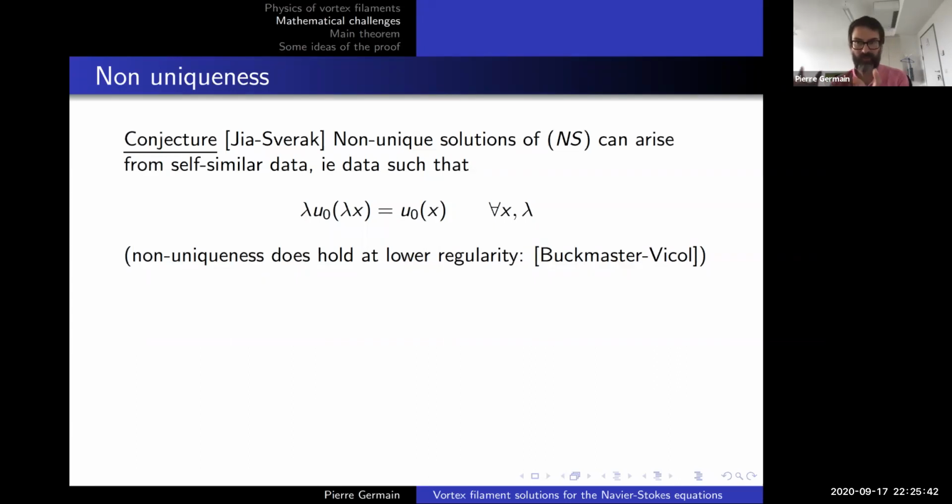And one way of making this rigorous, say, is through this conjecture of Jia and Šverák, that if you take self-similar data, so data that are invariant by the scaling of the equation, then if you choose a u-naught properly, and if u-naught is self-similar, you might have two different solutions of Navier-Stokes emerging from this data.